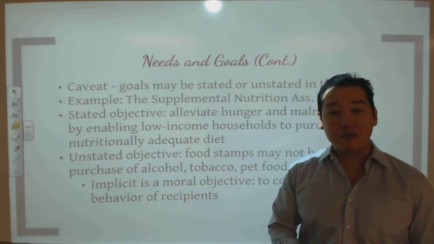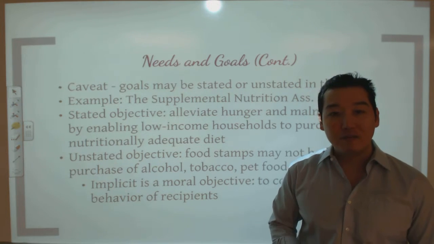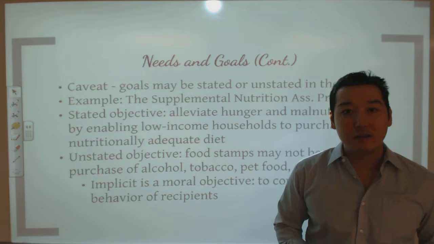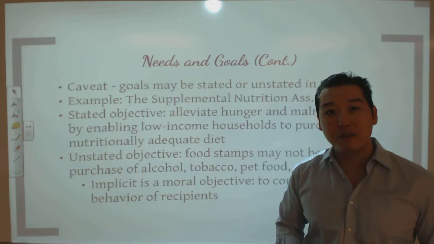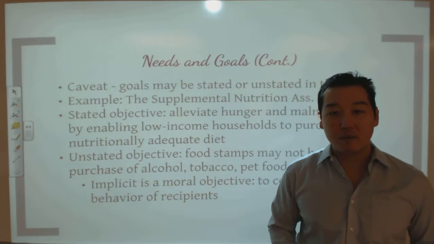So there might be some sort of social engineering going on that the government is trying to control people's behavior in the way of limiting what people can or can't buy. So for example, the prohibition on alcohol purchase or tobacco purchase, for example, might be considered an unstated objective. So make note of some of the unstated objectives for your chosen policy or program as well.